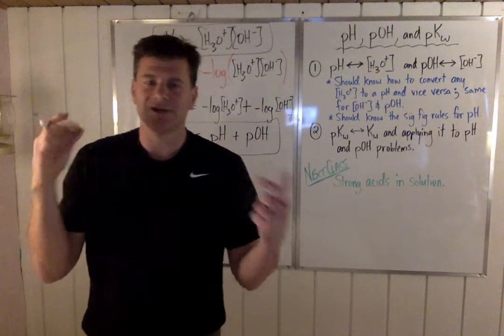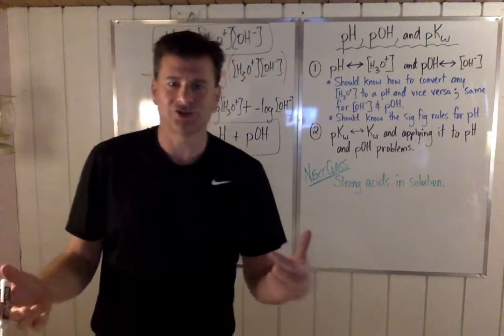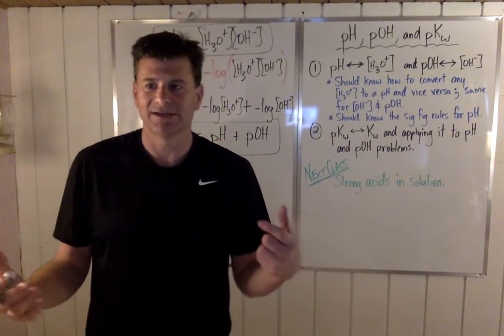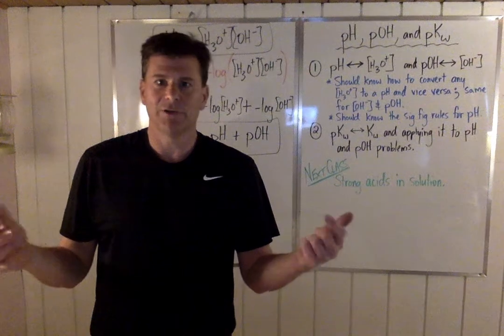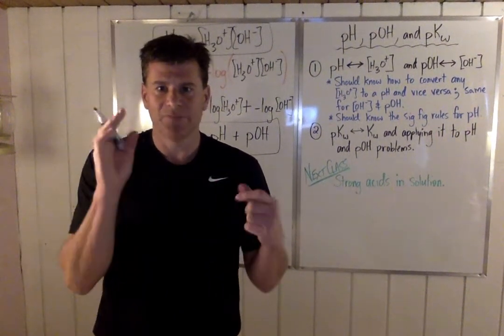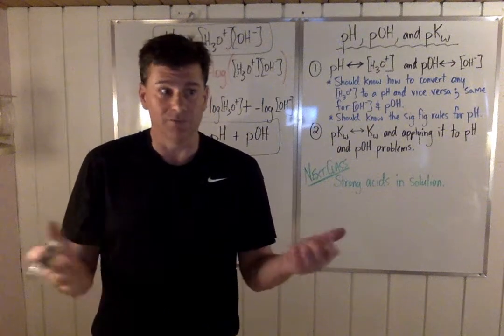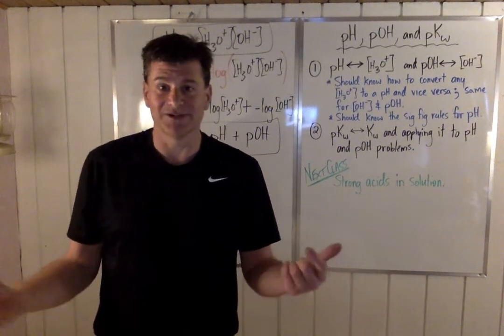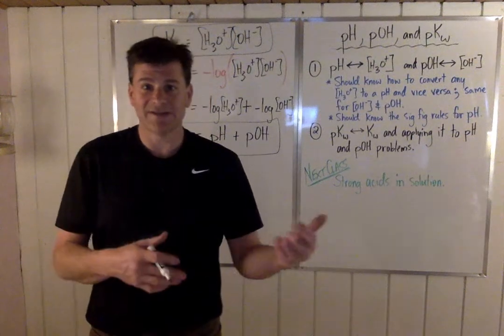Okay, I'm going to do this in my head just to demonstrate the concept of the log in a pH and a pOH and a pKw. 1 times 10 to the negative 14. The 1 times anything doesn't have any effect on it, right? So it just leaves you with 10 to the negative 14.